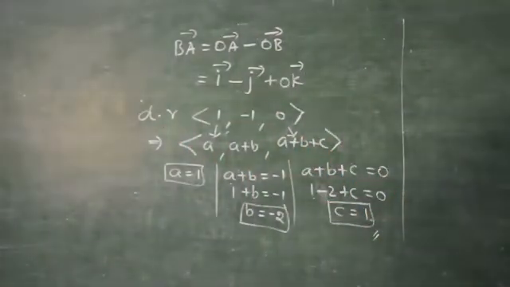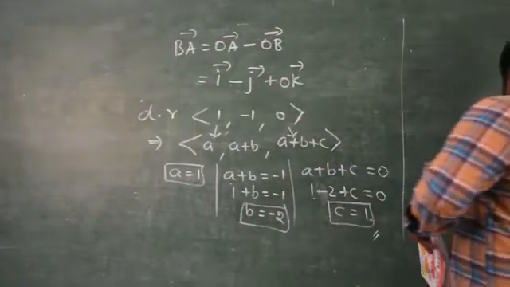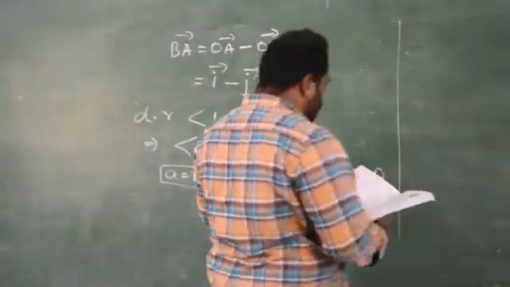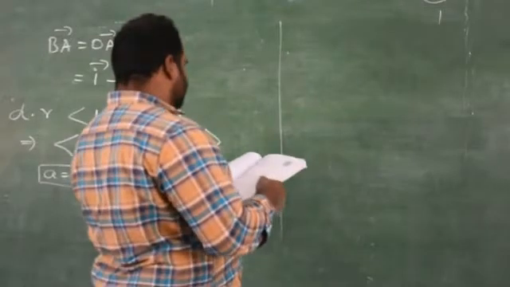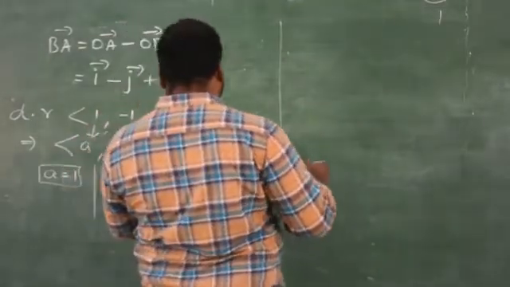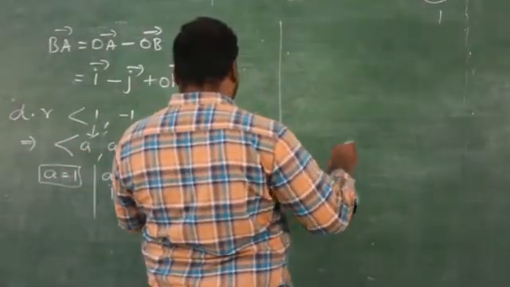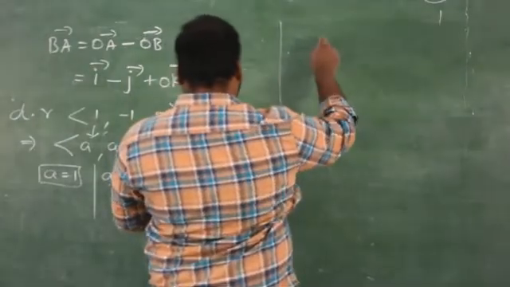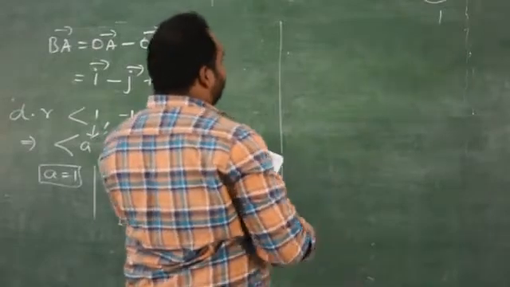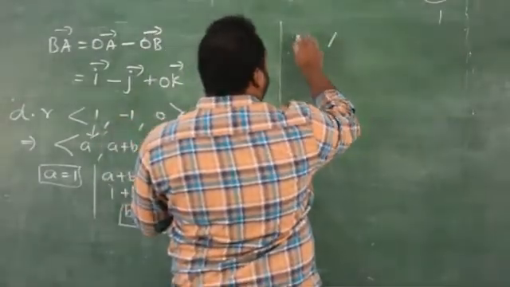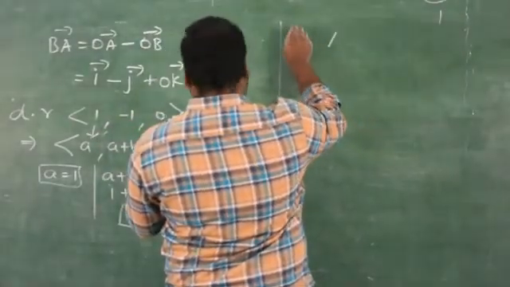Problem number 7 is: show that the three given vectors form a right angle triangle.